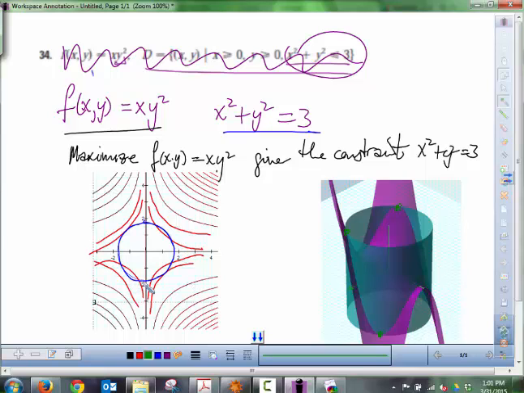So the question is, can those maximums and minimums possibly be over here somewhere? Where do you think they would be? I think those maximums and minimums would happen where it would be tangent to those things.